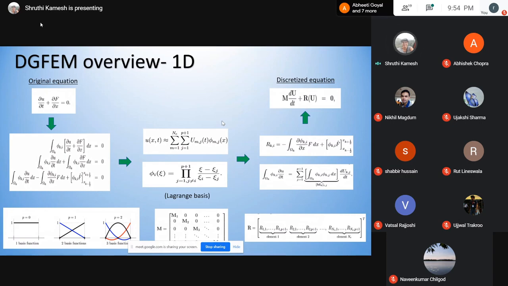When your equation marches through time, or your physical phenomenon goes through time, each node has a say on how its particular value will march through time. That's a sort of reductive way of looking at it, but I hope that makes it easy to understand. That is what your M_k_ij means: the mass matrix component for the ith basis function at the jth node, or you can look at it either way.